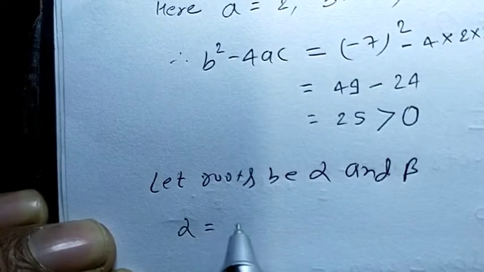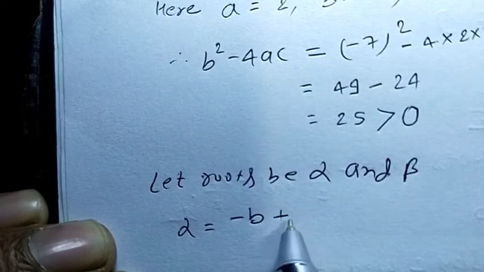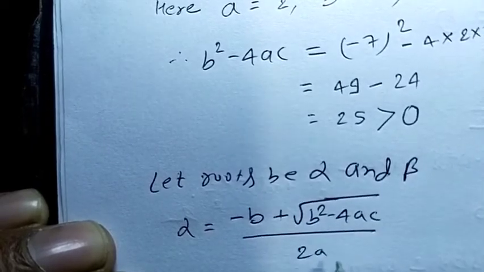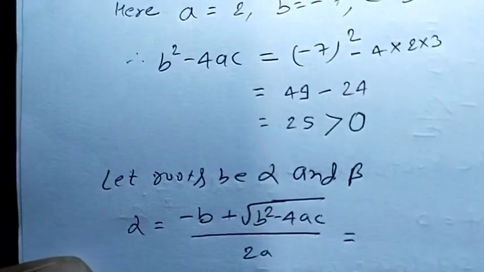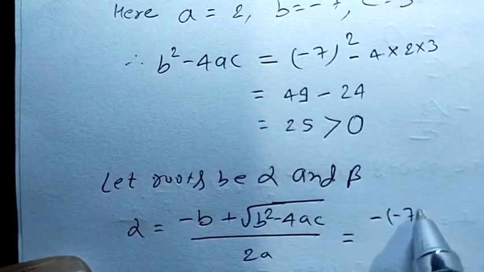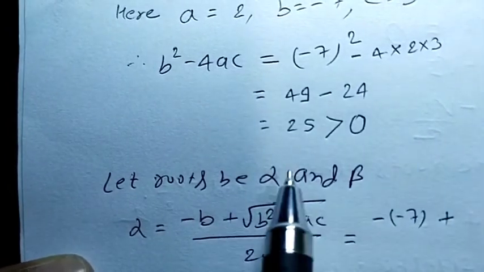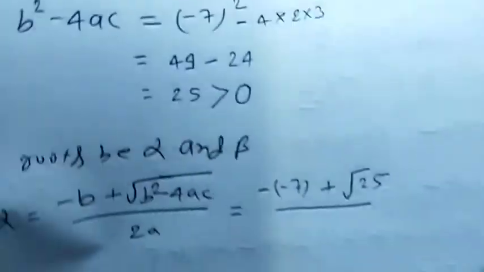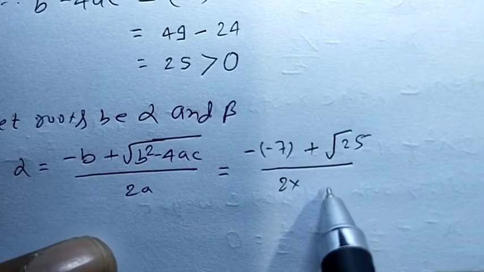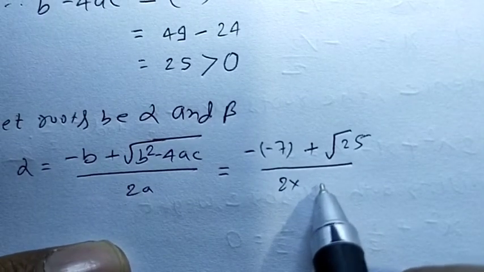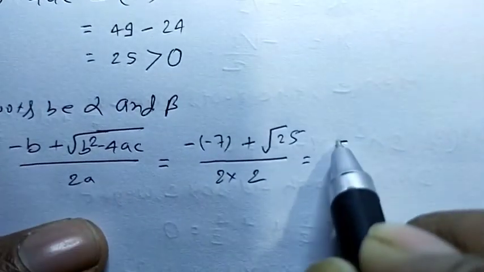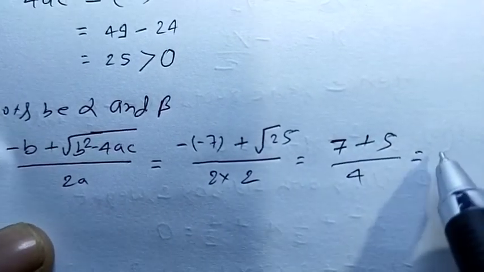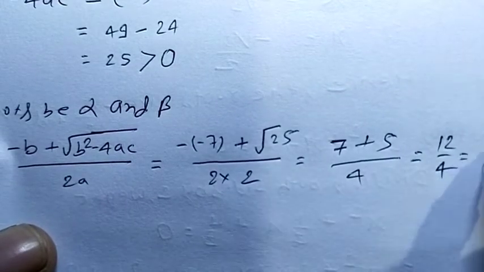Then alpha is equal to minus b plus root under b square minus 4ac by 2a, that is equal to minus of minus 7 plus the value of root under 25 by 2 into a, means 2, is equal to 7 plus 5 by 4, that is 12 by 4, is equal to 3.